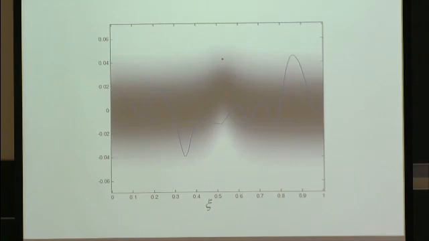So here I've added one noisy approximation, which has constrained the prior a bit around this point. We can add some more. Here's another one, further improving our approximation of what the true objective function is.